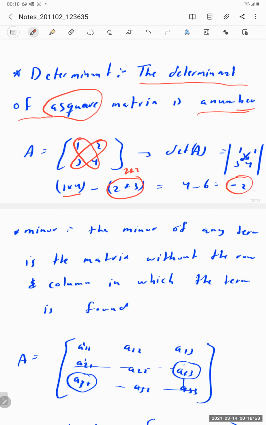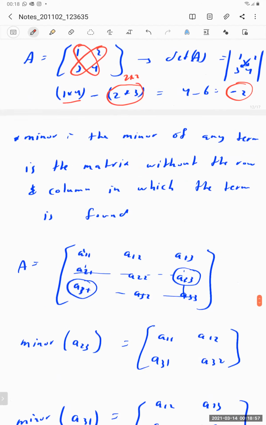If we work with more than 2 by 2 matrices, we need to define what we call the minor, so that we can calculate the determinant of matrices. What is the minor? The minor of any term is the matrix without the row and the column in which the term is found.